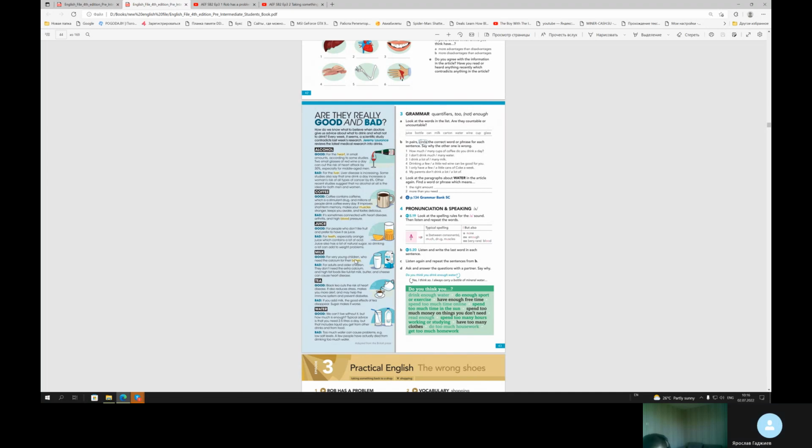Point C. Look at the paragraphs about water in the article. Again, find a word or phrase which means the right amount, the necessary amount. It's a quantifier. I don't understand. Okay, do you know the word amount?